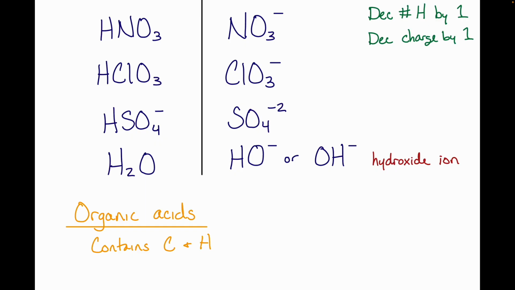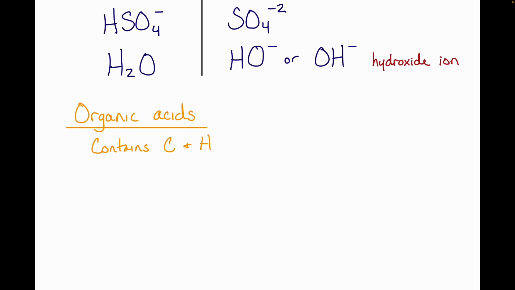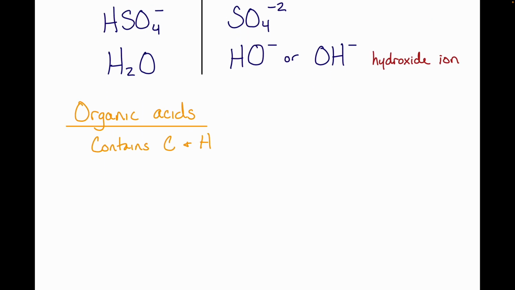If you've ever heard of that branch of organic chemistry, an organic molecule necessarily contains carbons and hydrogens. A good example here would be acetic acid. This is the active ingredient in vinegar, CH3COOH, where here our acidic proton is listed last.